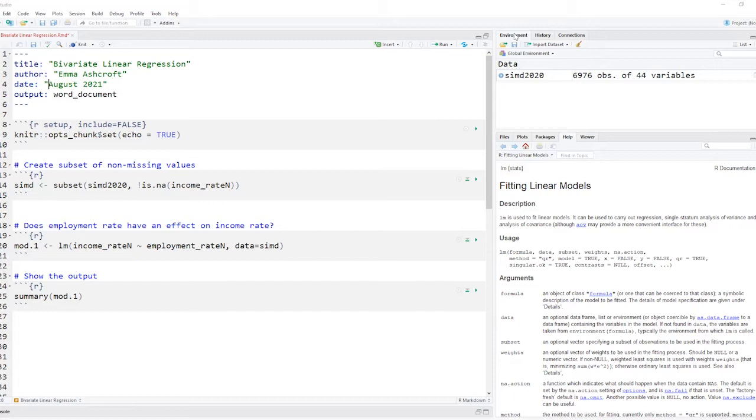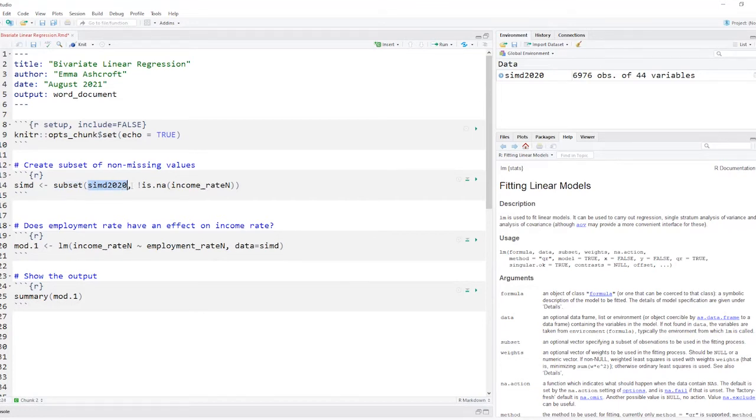Before we run bivariate linear regression in R, we need to create a subset that includes no missing values for the outcome variable. So we create a new dataset name for the global environment. We use the subset function. We name our original data set from the global environment.